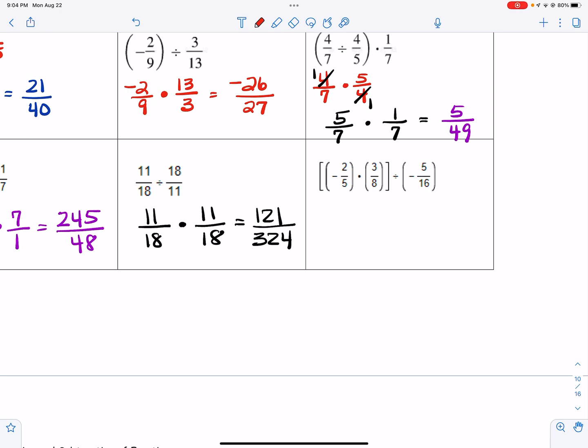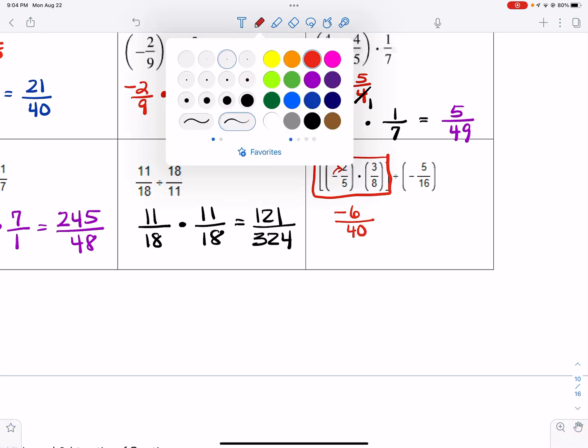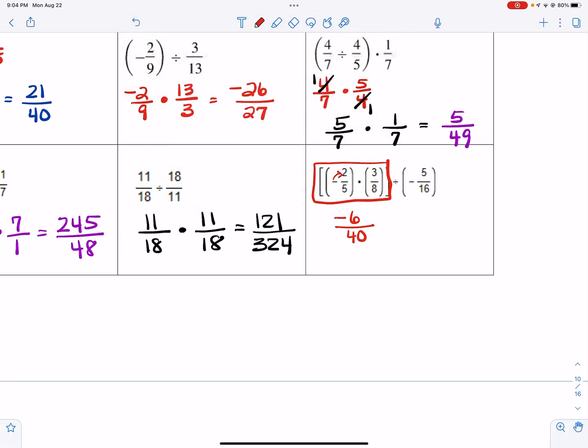So I'm going to do the brackets first, and inside the brackets, it is multiplication. So I'm going to put the negative sign with the 2. Negative 2 times 3 is negative 6, and 5 times 8 is 40. I could have reduced on that, so let's go ahead and reduce that so I don't have such big numbers.